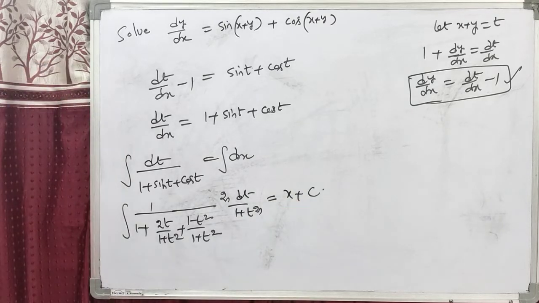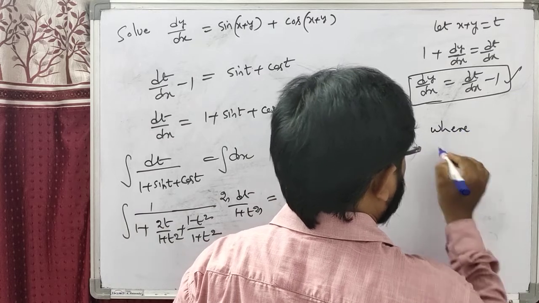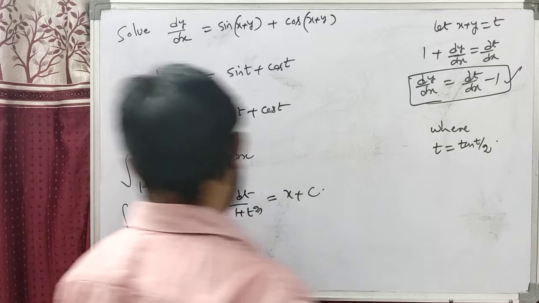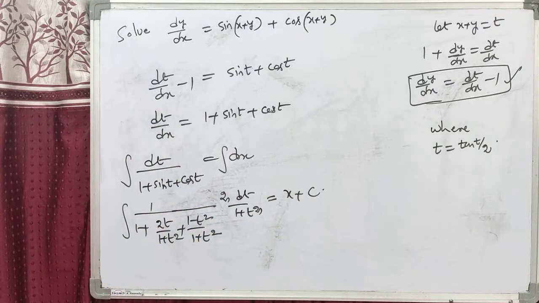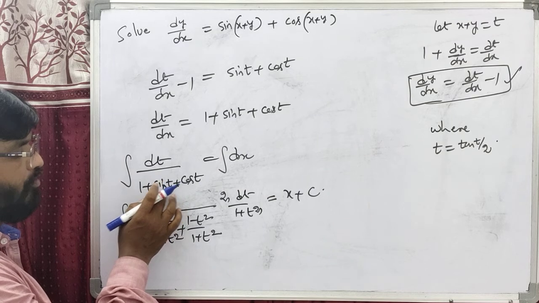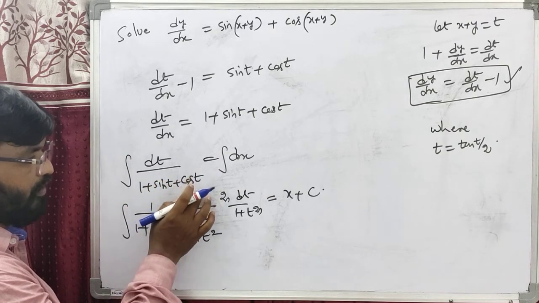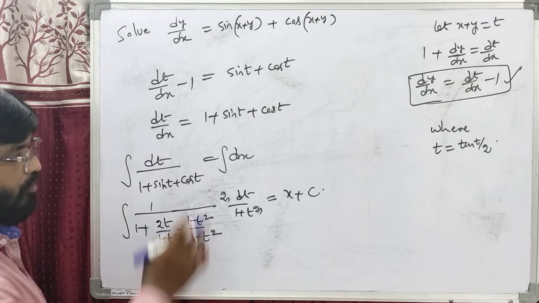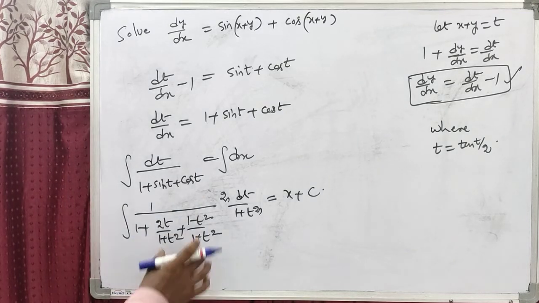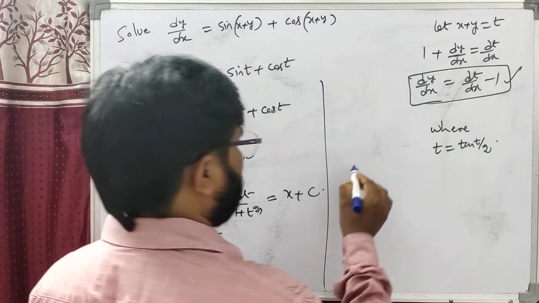Where t is tan of t by 2, that is, sin t is 2 tan t by 2 by 1 plus tan square t by 2, and cos t is 1 minus tan square t by 2 by 1 plus tan square t by 2. Dear students, when we take the LCM, what you got?